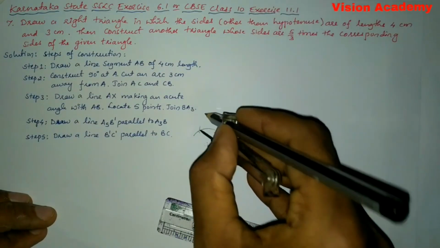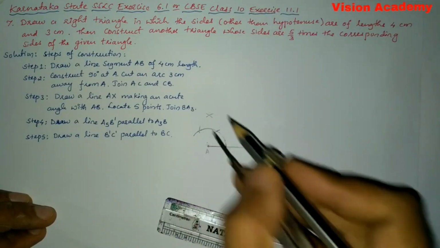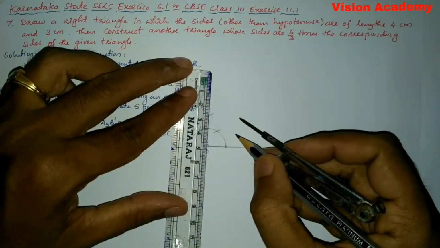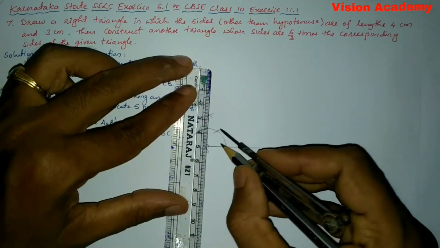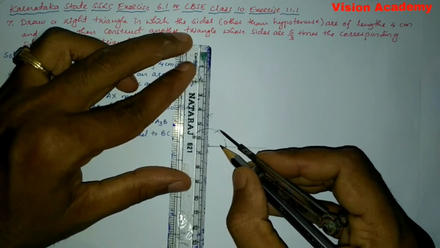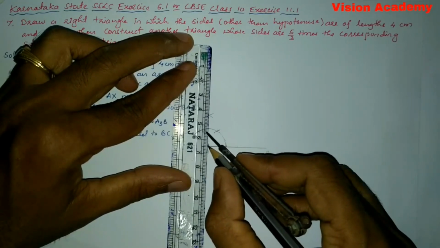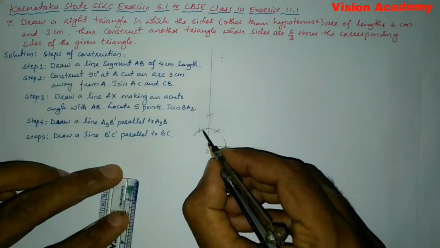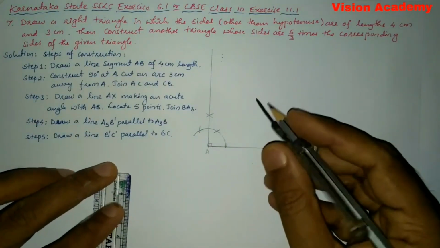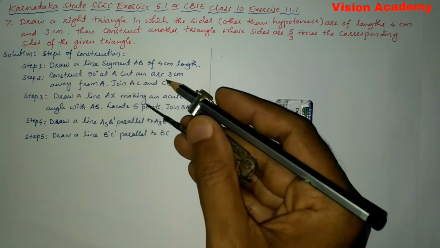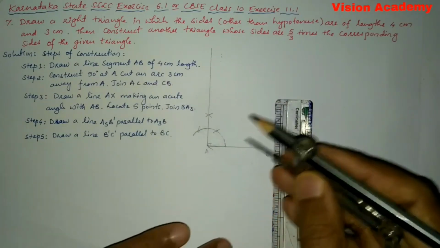Next, keeping on this point, cut here. So this intersected area is through which we will be able to draw a line which makes 90 degrees. Let us draw a straight line. This forms 90 degrees.